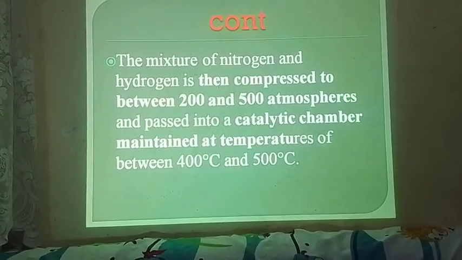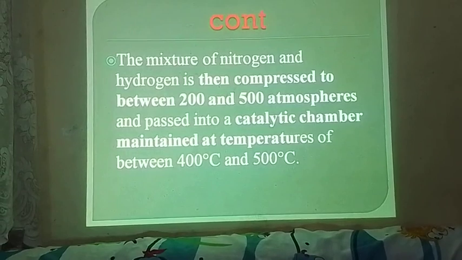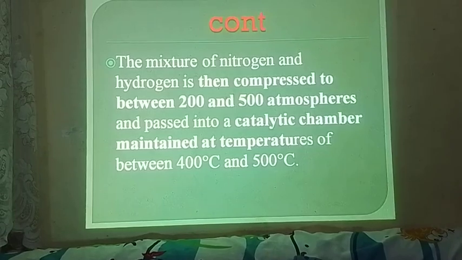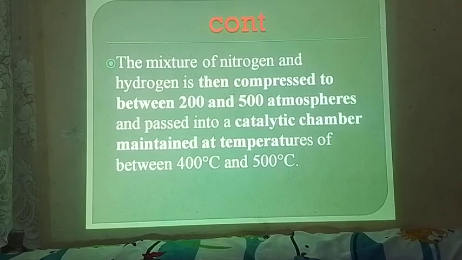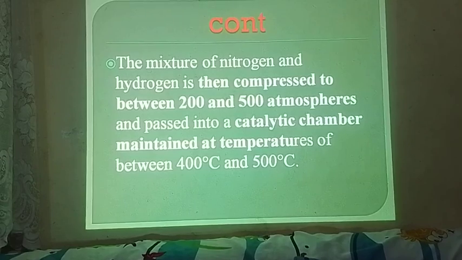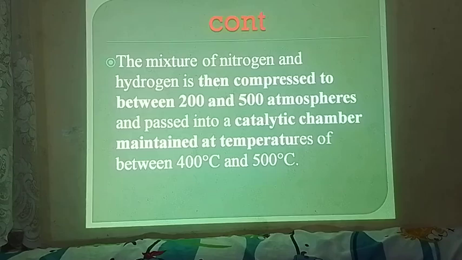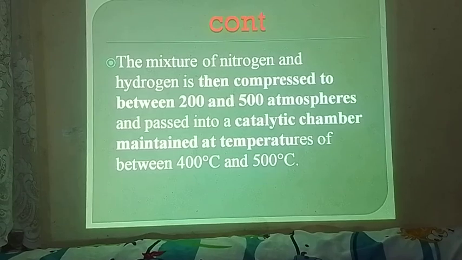Now the mixture of nitrogen and hydrogen is compressed to between 200 and 500 atmospheres, depending on the reaction rates, because in Form 4, the topic we shall look at is reaction rates, and even the rate of reaction can affect the equilibrium system of an equation.